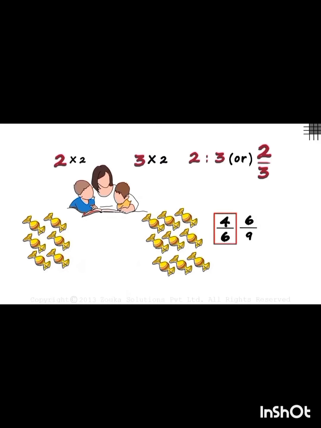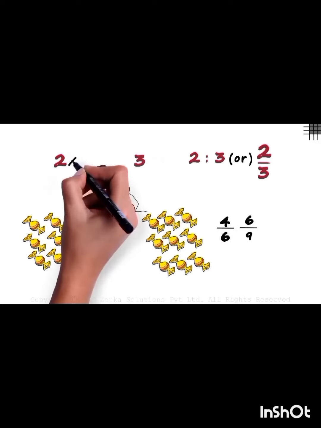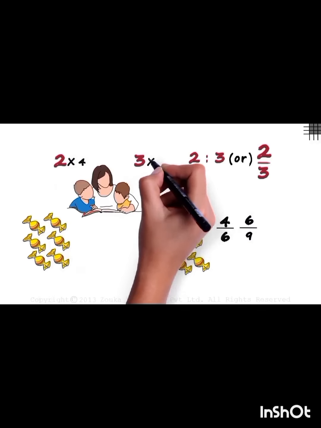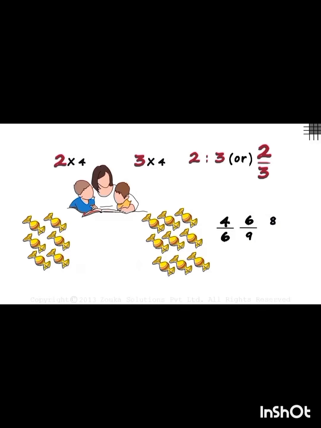What does this mean? If we multiply 2 and 3 by 2, we will get 4 and 6. If we multiply both values by 3, we will get 6 and 9. And if we multiply by 4, we will get 8 and 12. So all three ratios are equal to 2 by 3.